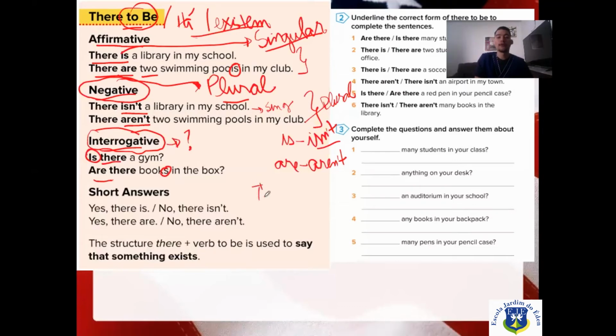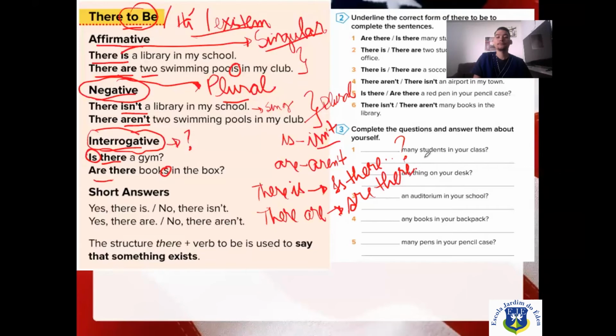So we have there is. In the interrogative form, we say is there. Is there. And we have there are. In the interrogative form, we have are there. Okay, guys. So the short answers.